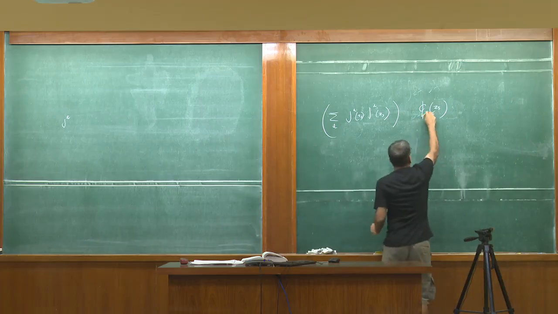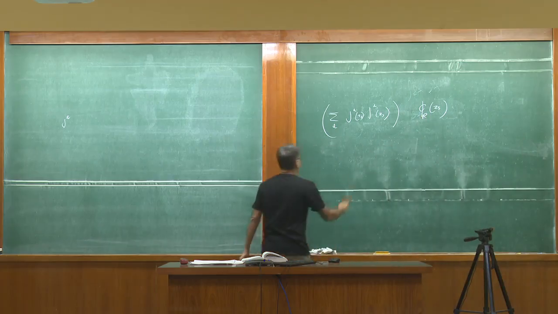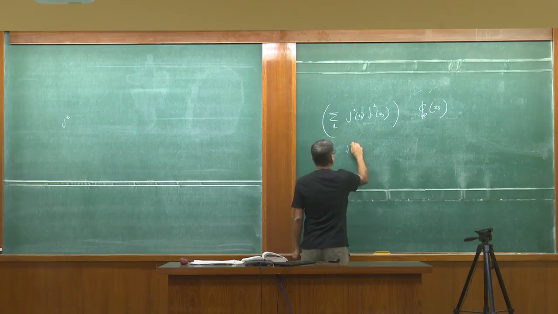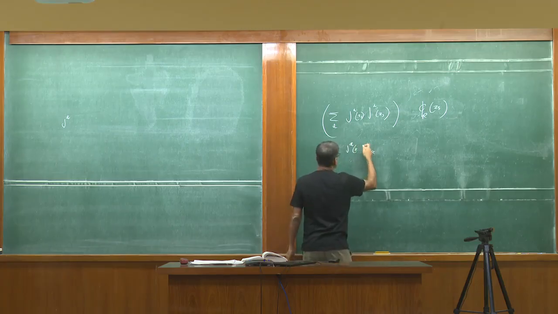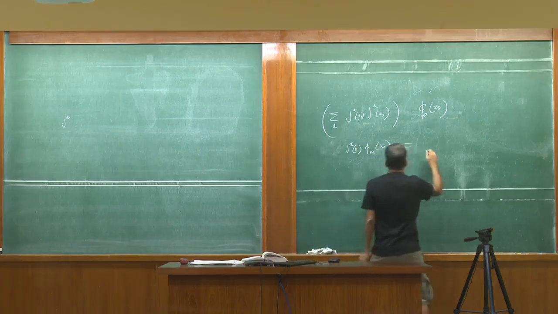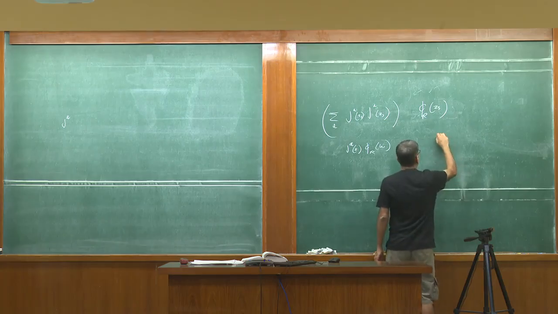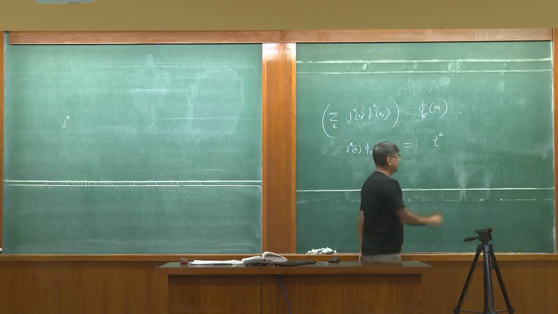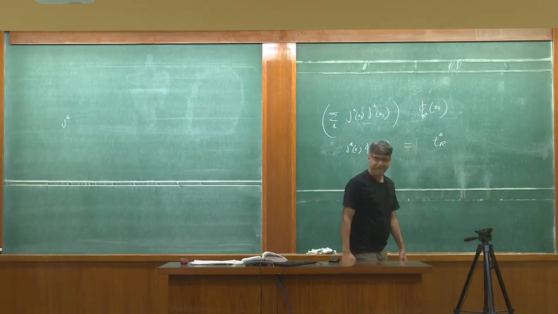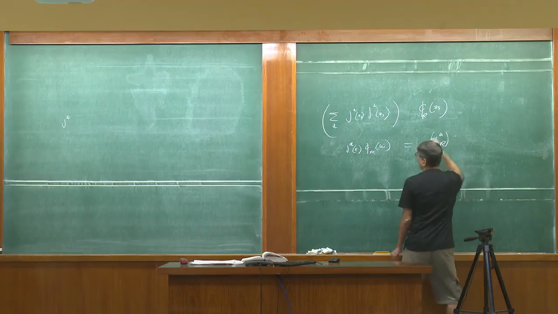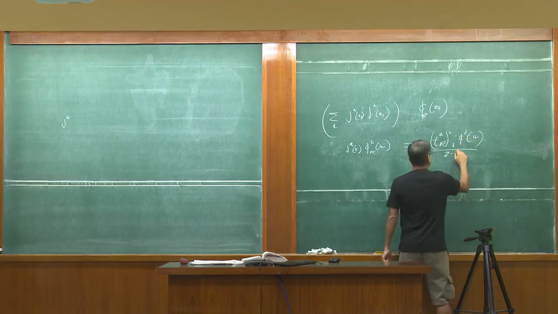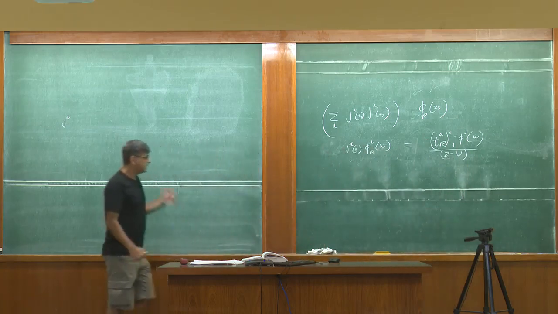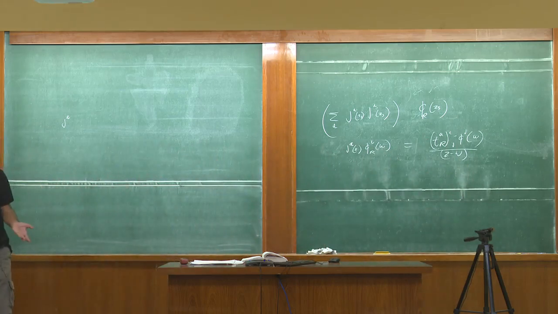This phi is in some representation R. And by definition, J^A acting on phi_R, let's say at z and w, is equal to the group generator matrix in representation R, and then there is some multiplicity label. So we have (T^A)_ij phi_j(w) divided by z minus w. This is how J's act on primary fields in some representation.